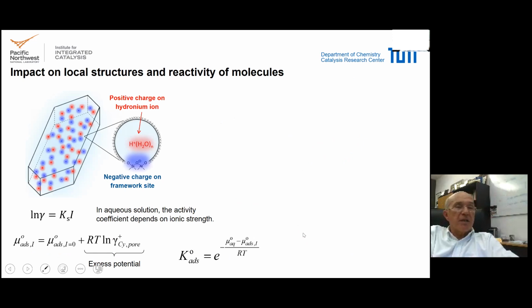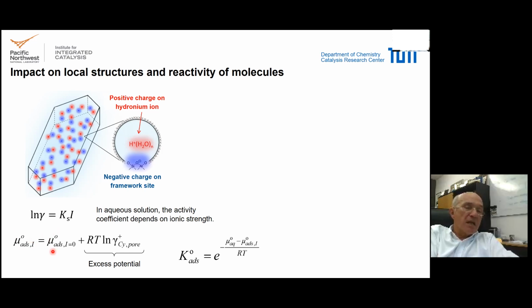How to understand this? We have a zeolite crystal, and this zeolite crystal has pairs of hydronium ions and negative charges on the lattice. So it acts in a way like a salt solution. And in this salt solution, we adsorb a molecule with a particular standard chemical potential.